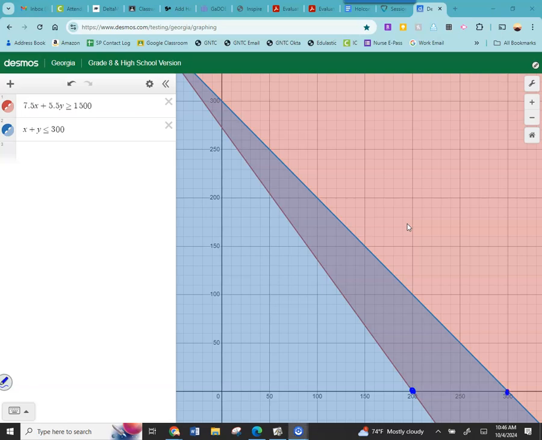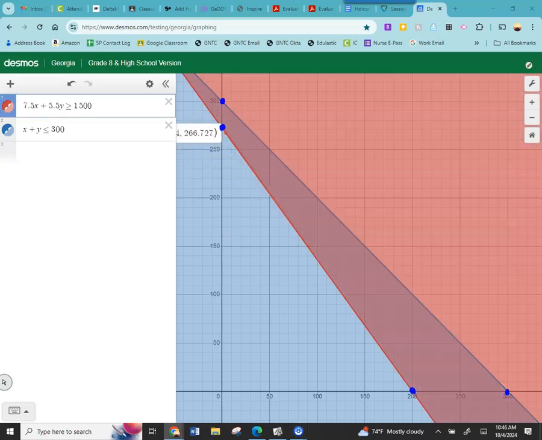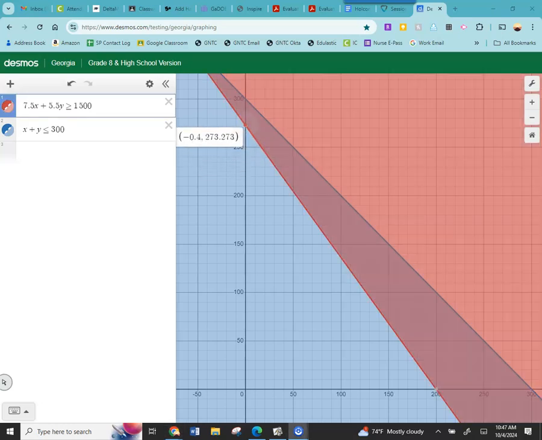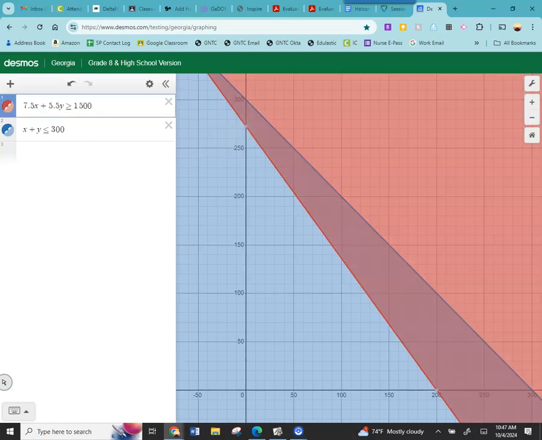On the y-axis, we've got 300, and then this point right here, we can use Desmos to tell us what that point is. It looks like it's 272.